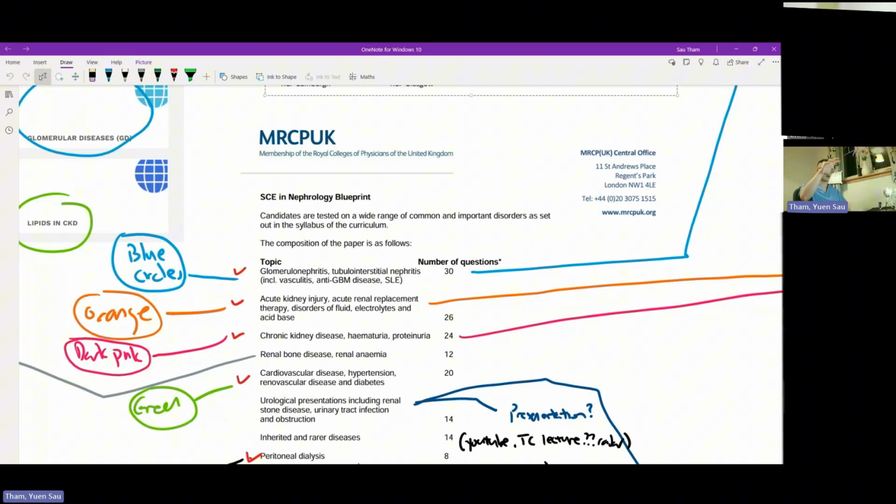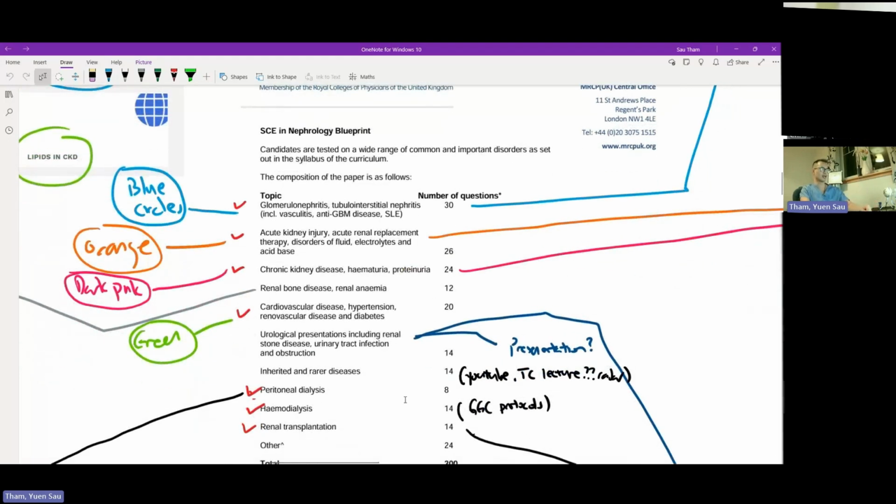If you look at the bottom of the references on our Glasgow portal, they're all pulled from KDIGO. So if you read that, you've more or less covered the main points. I just want to highlight that the KDIGO guidelines are something you have to at least glance at once.